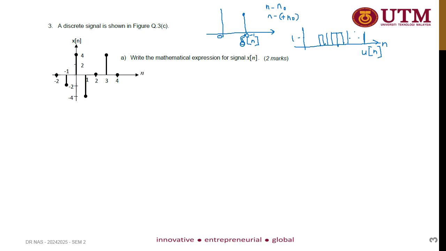Let's look at the first. The max is 2. It's quite simple: as long as you can identify the position, you can write the equation straight away. So in this case, for x[n], start from the left hand side.